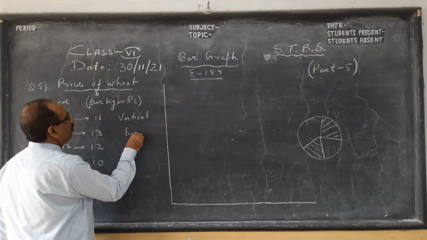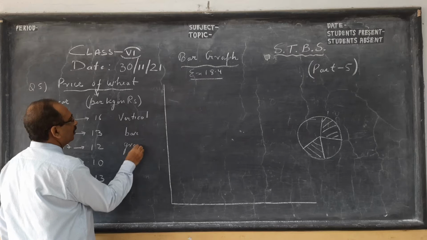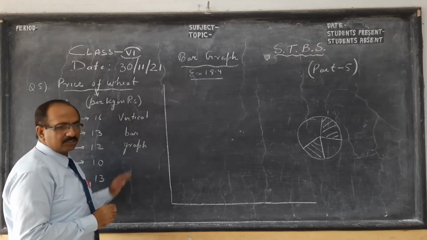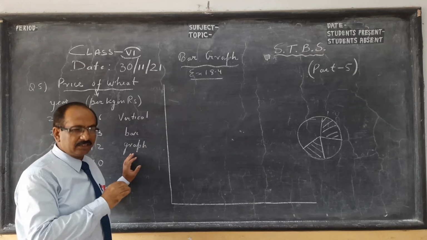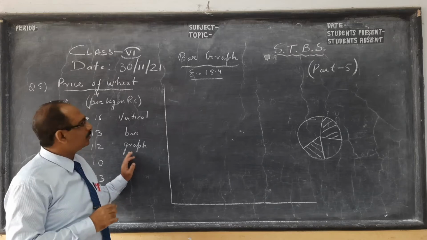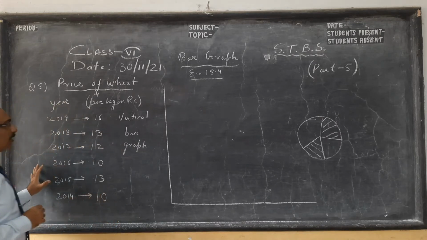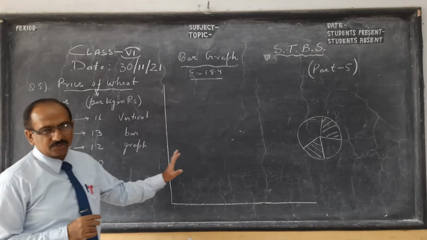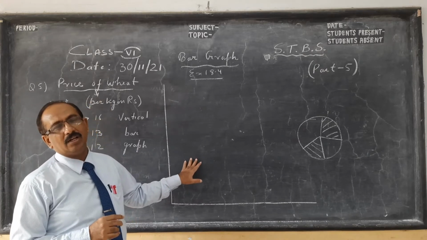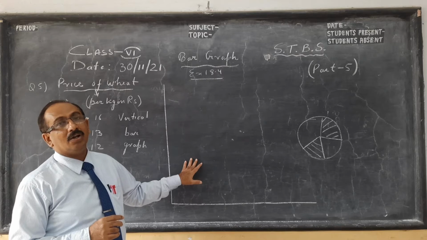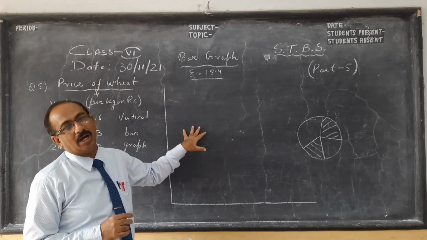Depending on the situation, children, we choose which type to do and why. While teaching, I'll tell you why for this question I am using a vertical graph, and for the next question I'll use a horizontal bar graph.